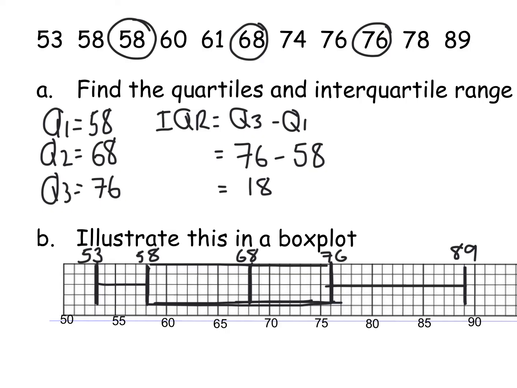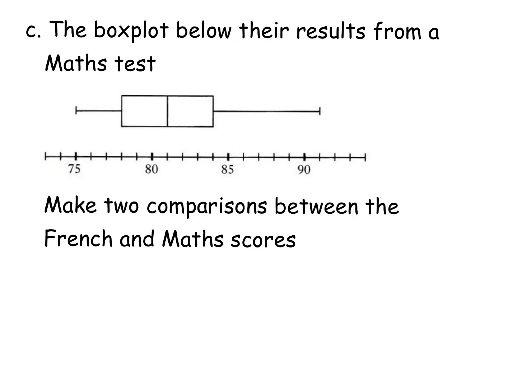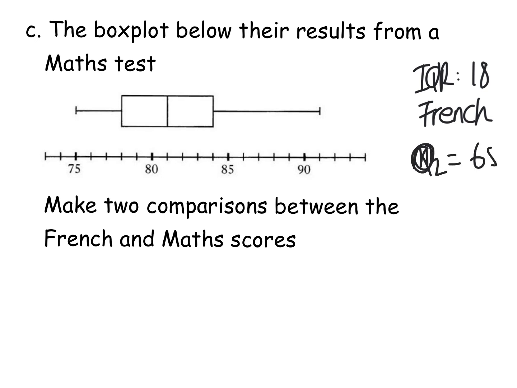Now, as usual, there's another bit to this question. That one was talking about the French tests, and we worked out that the IQR for French was 18. Okay, so now we've been given a box plot for maths, and we have to make 2 comparisons this time. Now, my median for French, my Q2, was 68.